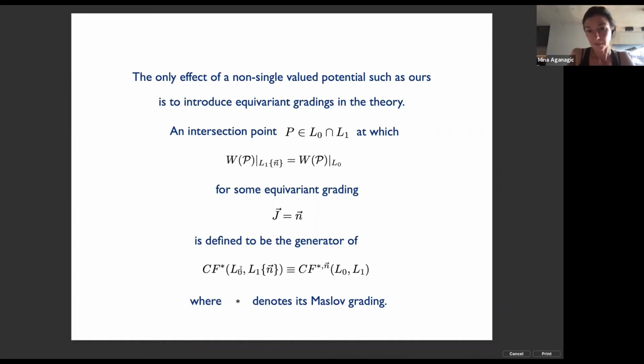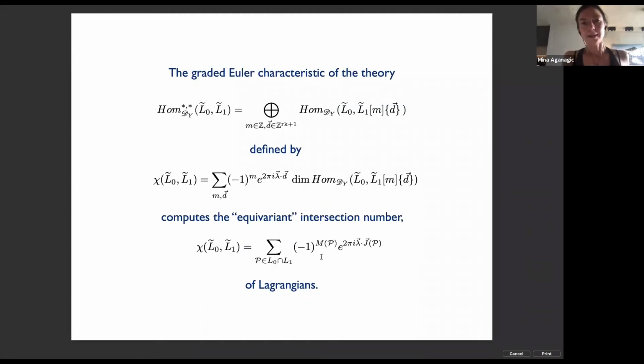Okay, so essentially all of our generators of Floer complexes and cohomologies have gradings. Consider the graded Euler characteristic of the theory. Picking any gradings, we don't want to lose any intersection points between Lagrangians.